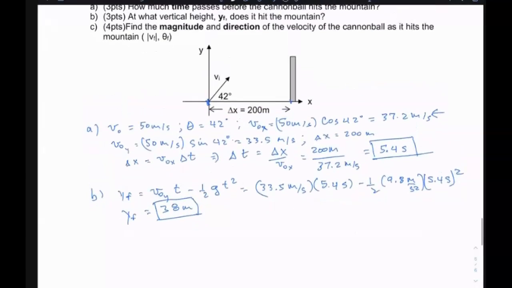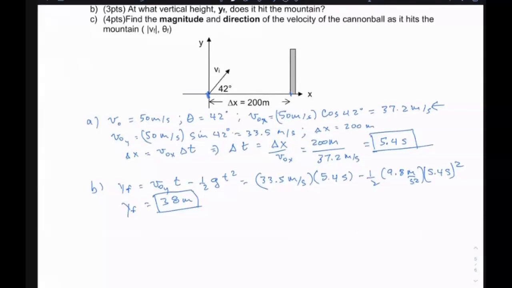Okay, then for part C, we're asked to find the magnitude and the direction of the velocity of the cannonball as it hits the mountain. So we want to find V final. And we know what the initial velocity in the y direction is. We've already calculated that.